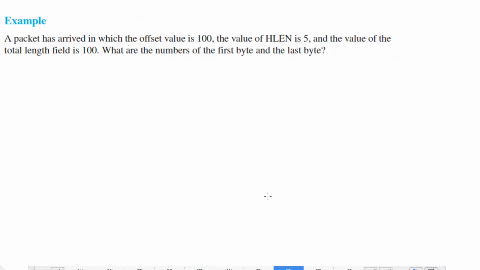A packet has arrived in which the offset value is 100 and the value of header length is 5 and the value of the total length field is 100. Yeah, this is a good question. So offset is 100, which means there are 800 bytes that are following after it. So there are 800 bytes, which means 0 to 799 bytes. And what is the number of first byte?